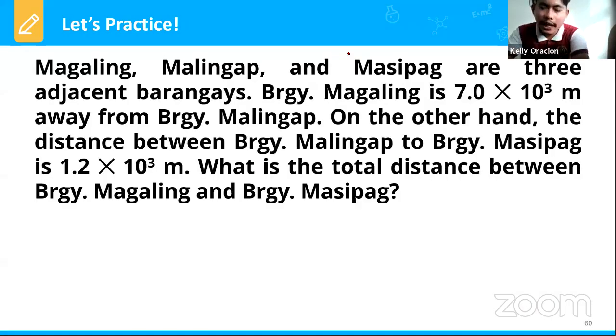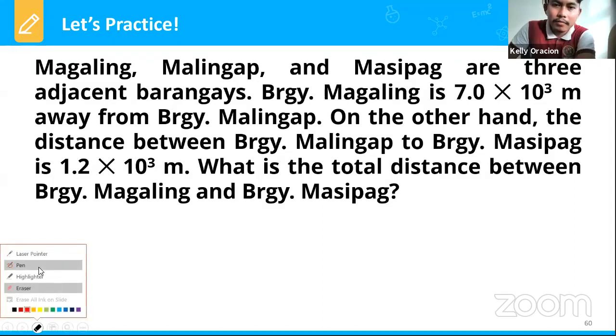Now, how about this one? Kindly chat your answer. So, this is a scientific notation na problem solving. Magaling, Malingap, and Masipag are adjacent barangays. So, Barangay Magaling is 7 times 10 raised to 3 meters away from Barangay Malingap.